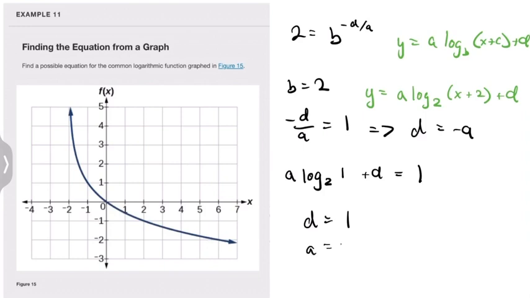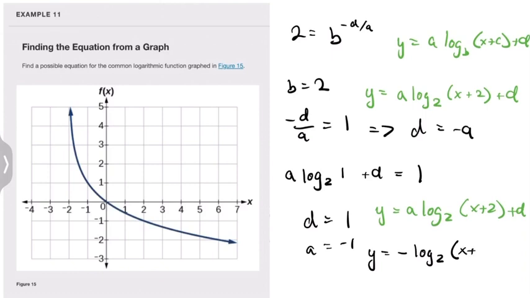So then a equals negative 1. Okay. So again, we're starting with y equals a log base 2 of x plus 2, plus d. Let's just plug in what we have. So at this point, we have y equals negative log base 2 of x plus 2, plus 1.